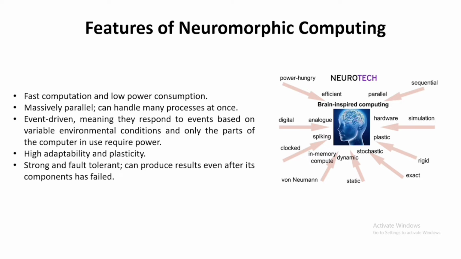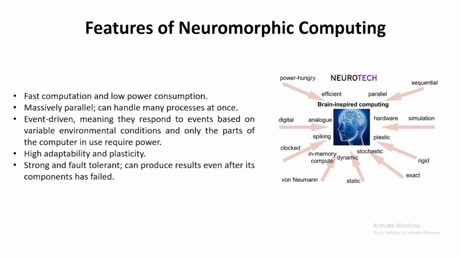Because there is such fast computation, it does not require a lot of time or a lot of power to complete tasks, and as a result there is low power consumption. Now, it is massively parallel. As I have already mentioned, processes and tasks take place simultaneously on each individual neuron at a time. So as a result, neuromorphic computing is massively parallel and can handle many processors at once.